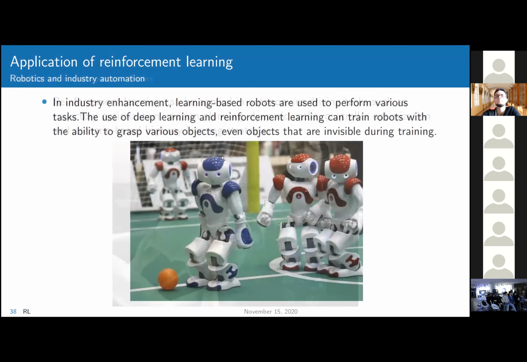And the second one is robotics and industry automation. In industry, learning-based robots are used to perform various tasks. The use of deep learning and reinforcement learning can train robots with the ability to grasp various objects, even objects that are invisible during training.